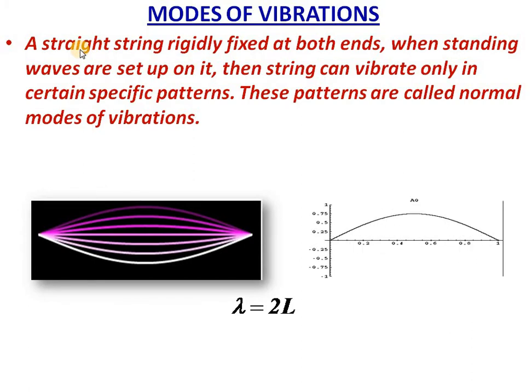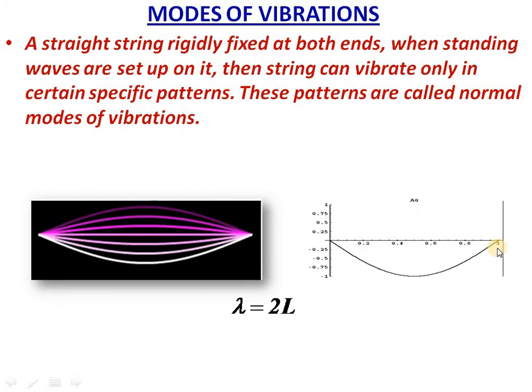So we define a quantity called the modes of vibration. So modes of vibration is actually this one. The string tied up between the walls can oscillate in certain patterns. Certain allowed patterns, you can say permitted patterns. So those permitted patterns are actually called the modes of vibration.